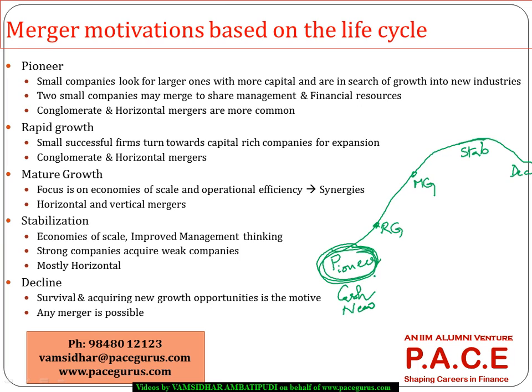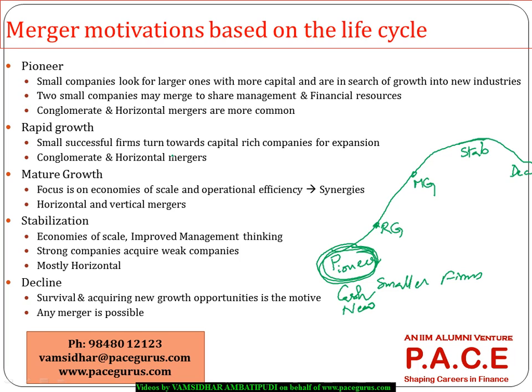All these are the typical motivations. Generally, you see smaller firms look out for larger firms for providing capital, as well as whichever companies are ready to use the smaller firms' expertise. These are the common motivations. So that's where you see conglomerate as well as horizontal mergers at this stage.